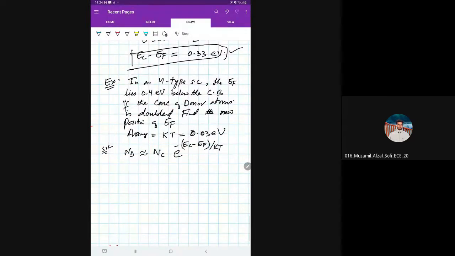Now see, we know EC minus EF. How much is the Fermi level energy below the conduction band? It is 0.4 electron volt. So this value is also given. Please calculate. 0.4.